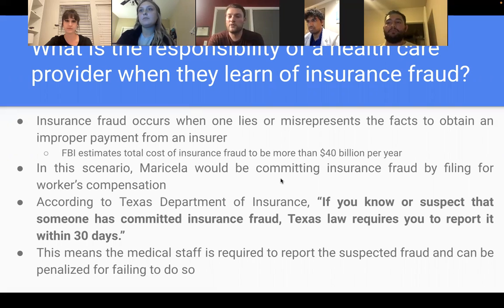In this scenario, it's not clear exactly if the healthcare team knew about her plan to file for workers' comp, but if they did know, then they would have an obligation to report that, and they can be penalized for not doing so.